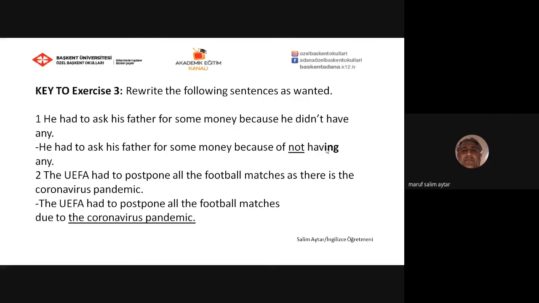2. The UEFA had to postpone all the football matches due to what? The noun phrase is here, the coronavirus pandemic. All we do is just take the noun and put it here: due to the coronavirus pandemic. 3.